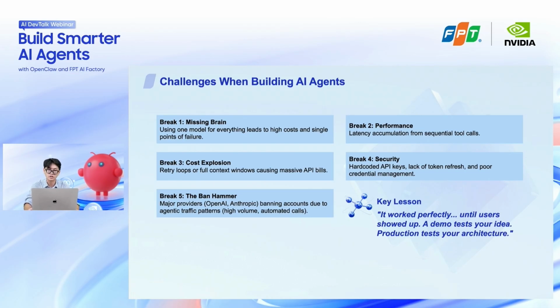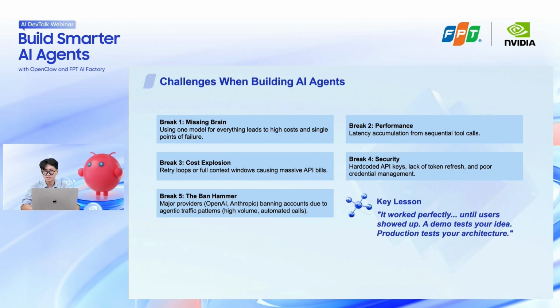Everything is working beautifully. And then this message suddenly shows up: your account has been suspended for violating our usage policy. No explanation, no warning. Your product is offline, and you don't have any idea what you did wrong.